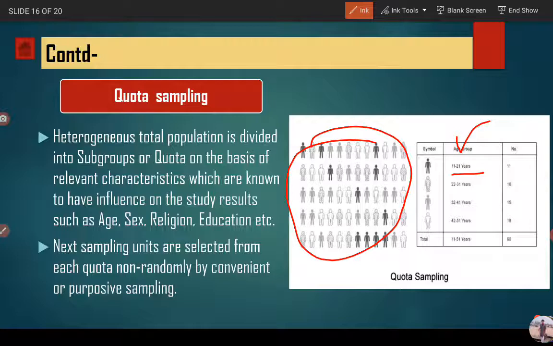The different age groups are the quotas, and from these age quotas the sampling units are taken conveniently or purposively. Here 60 is the sample size in this quota sampling technique.